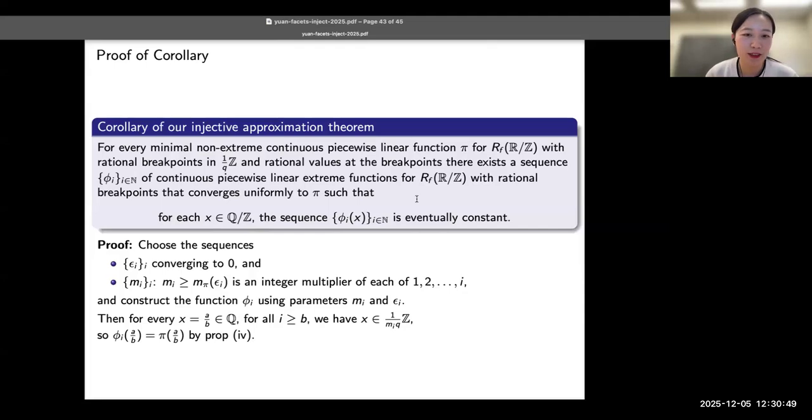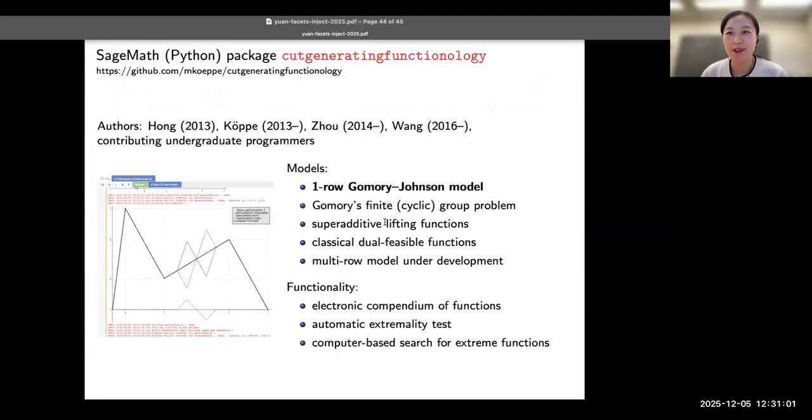So eventually the newly constructed sequence phi_i will become constant. And the calculations and verifications by hand are quite tedious. So we made everything regarding cut generating functions available as a package. And Matthias is very interested in maintaining and publishing it as a library of SageMath package.